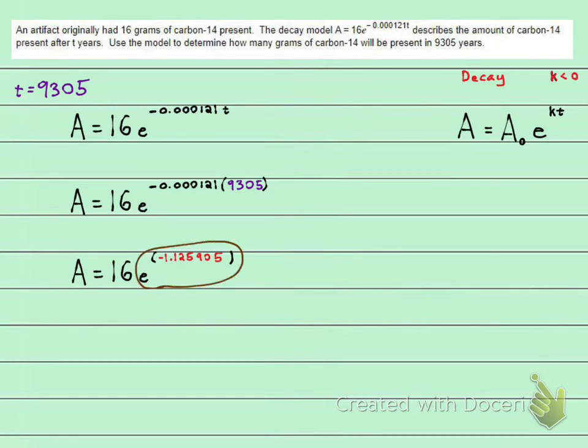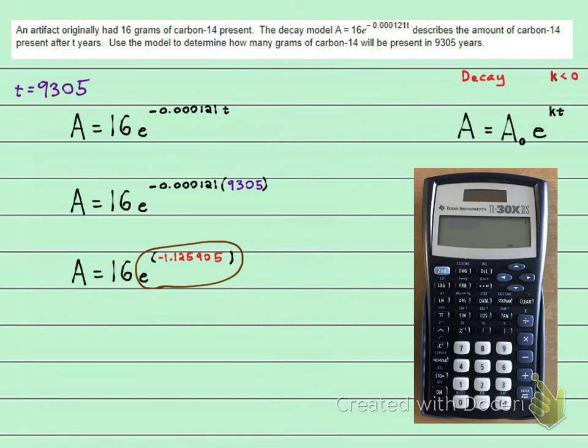So the e is going to be on the left side of your TI-30X2S, and it is the second function of the ln button. Alright, so it is right here. Okay, don't use that right there.